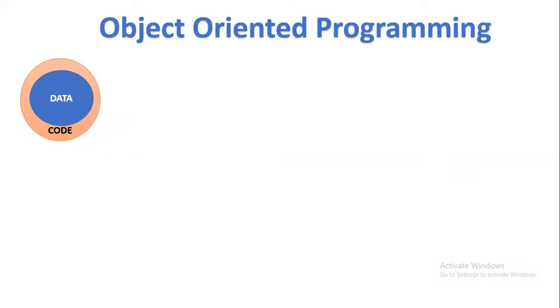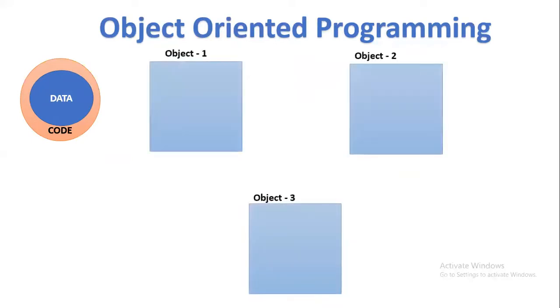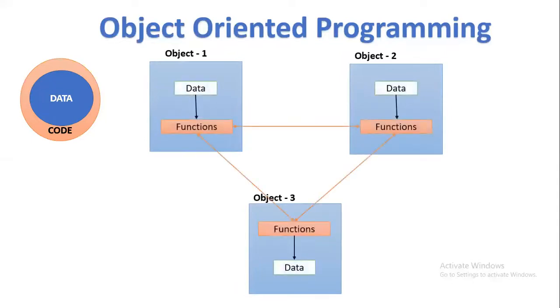For providing better security to the data in object oriented programming, they implemented a number of objects. Each object has its own data and functions. Actually, an object is a basic essential runtime entity, which has some data, and that data is operated on by some functions.